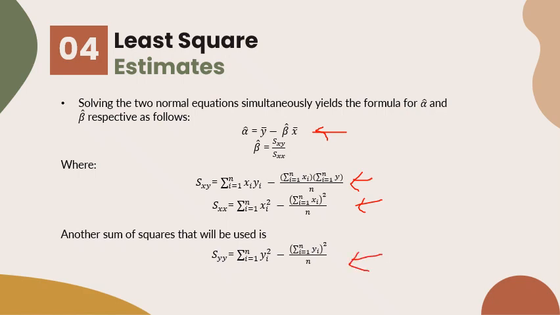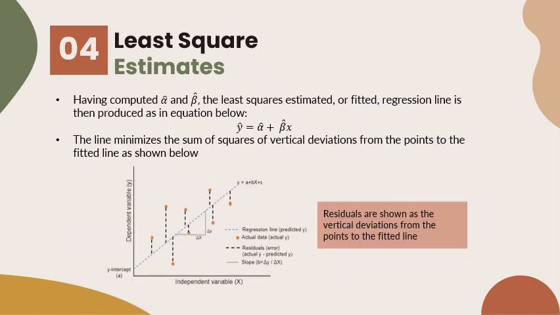So for regression analysis, we have alpha hat equal to y bar minus beta hat x bar. In order to determine alpha and beta, we need to know how to determine Sxy, Sxx, and Syy. So this is how we compute alpha hat and beta hat.